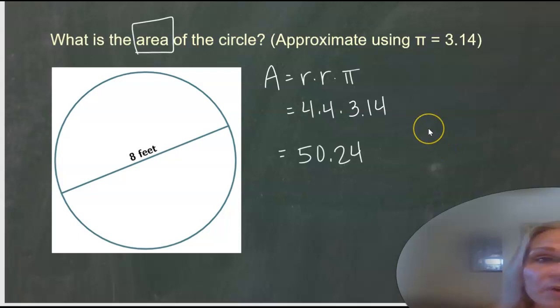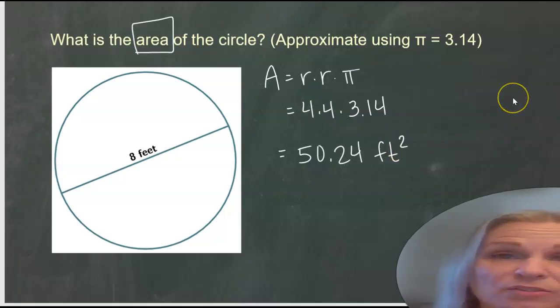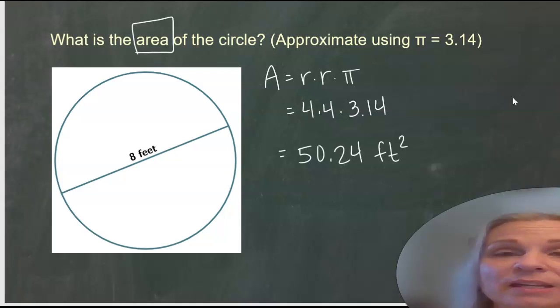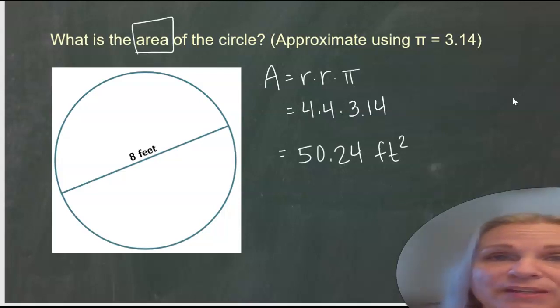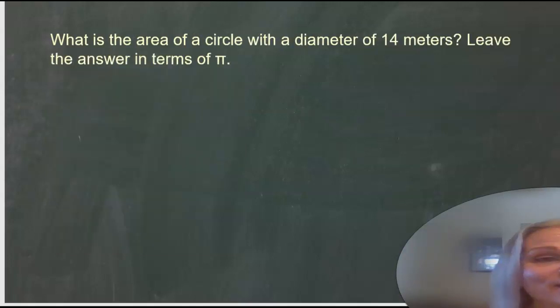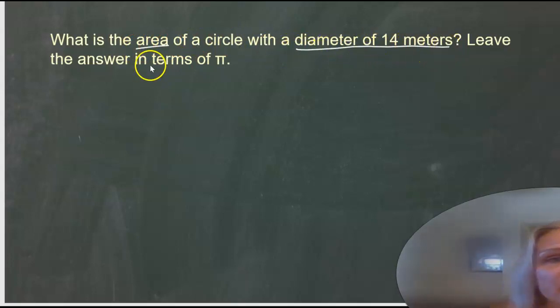So if you remember from our area discussion, we're measuring in squares. Even though it's a circular figure, we're still measuring how many squares would fit inside. That's area. All right, let's try another one. Okay, so now we have area again, diameter again, but this time we're leaving our answer in terms of pi.